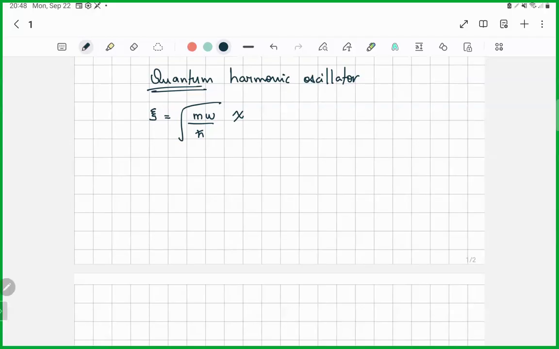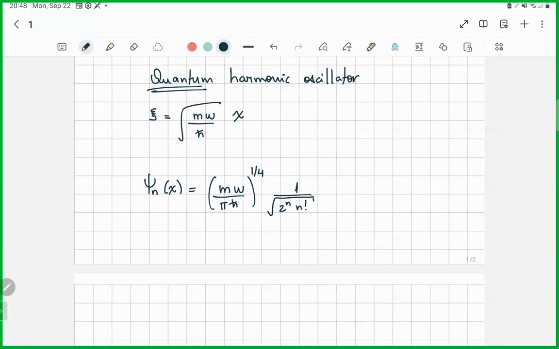And what is the solution for the harmonic oscillator? The solution is, this was the normalization factor for the ground state, okay? But for the first excited, second excited, we have more terms which are contained in this square root.